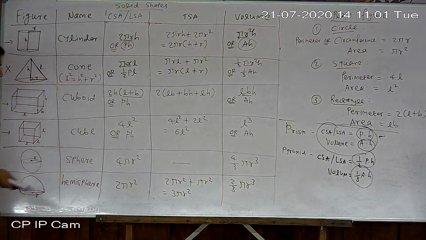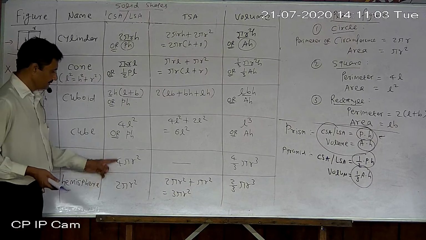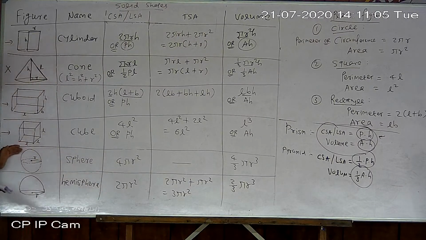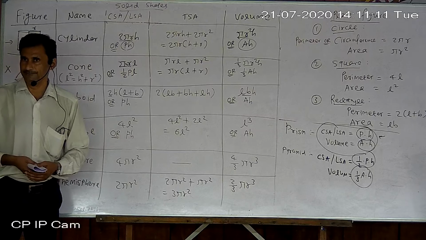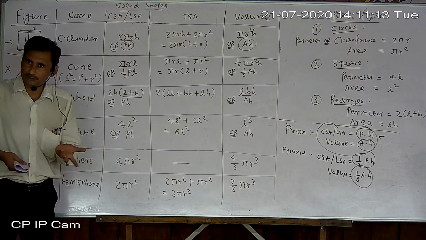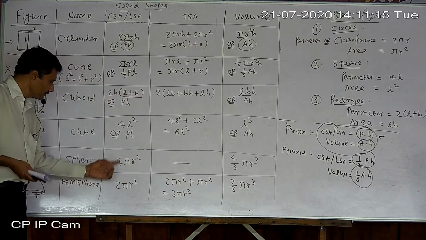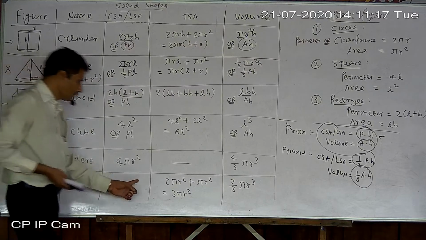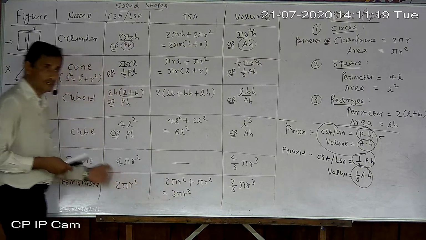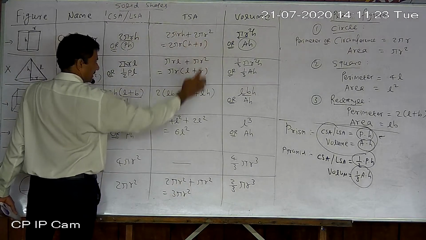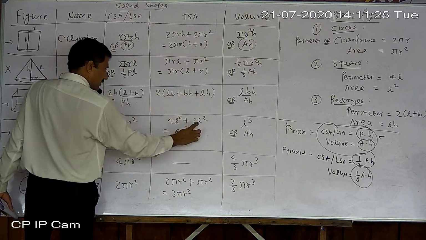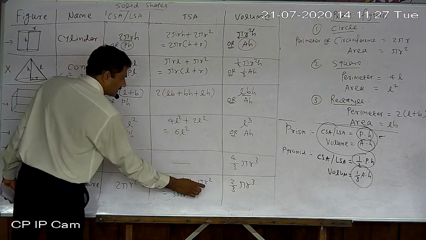Now hemisphere. Just make it half, because curved surface area becomes half only. Hemi means half, so hemisphere means half sphere only. So half of this. Now from CSA to TSA, everywhere something is added: 2 pi r square added, pi r square added, 2L square added, here no TSA, here pi r square added.